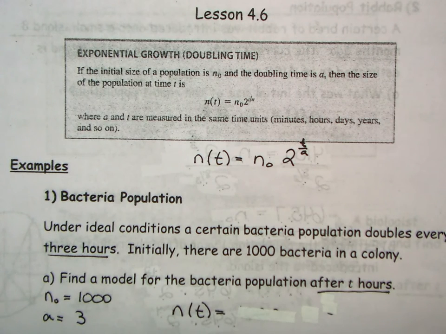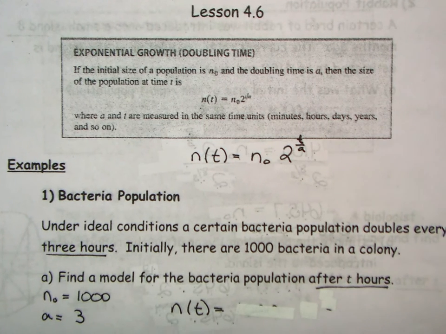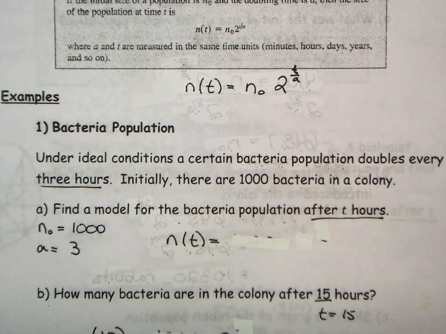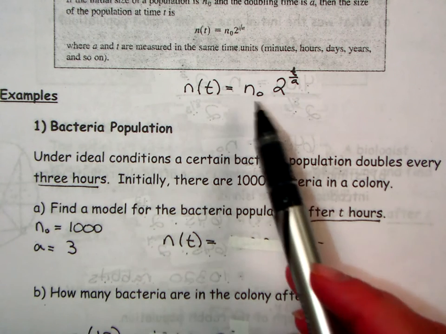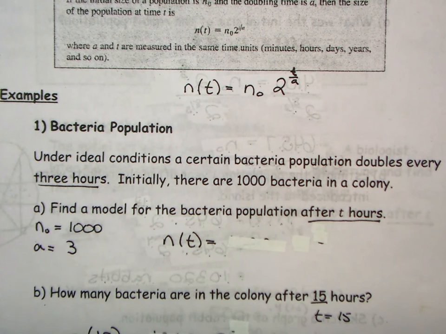All right, so under ideal conditions, example number 1. Under ideal conditions, a certain bacteria population doubles every 3 hours. Initially, there are 1,000 bacteria in a colony, so find a model. So we're just plugging those numbers into our equation here.